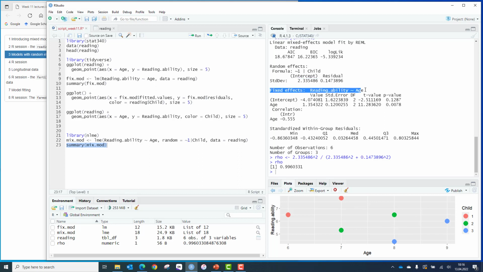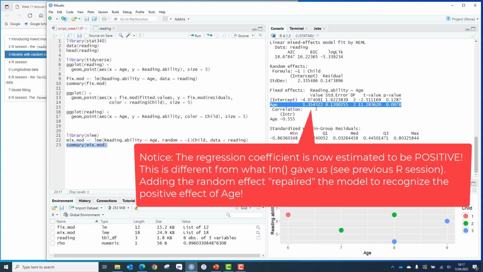Then we have the fixed effects, and this is more like what we have seen before. So this is now the intercept, the beta 0, and this is the beta 1, the regression coefficient for age. And this is similar to the output from LM actually, with the coefficient itself here, its standard error here, degrees of freedom, and notice this is only 2 degrees of freedom now because we have used more parameters.